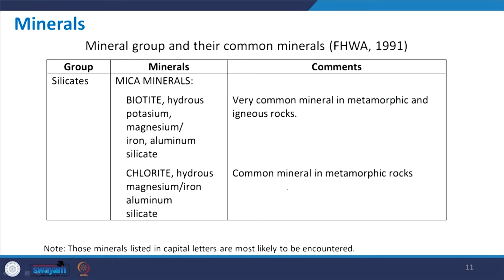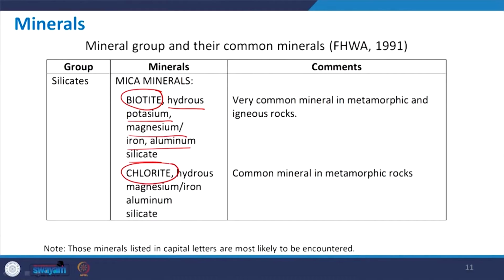Coming to the next mica mineral, this is biotite, which can be identified as hydrous potassium, magnesium or iron, aluminum silicate, and these minerals commonly occur in igneous as well as metamorphic rocks. Then the next category includes chlorite, hydrous magnesium, iron, aluminum silicate. This is common in metamorphic rock.